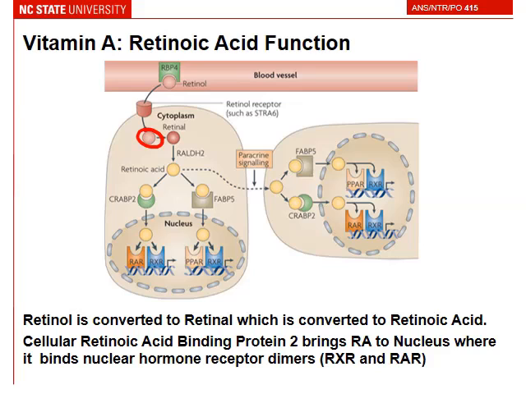And within the cell, it binds cellular retinoic acid binding protein 2 and/or FABP5, and it's able to then enter the nucleus. So once it's within the nucleus, it's able to bind these nuclear hormone receptors. So we have RAR and RXR.